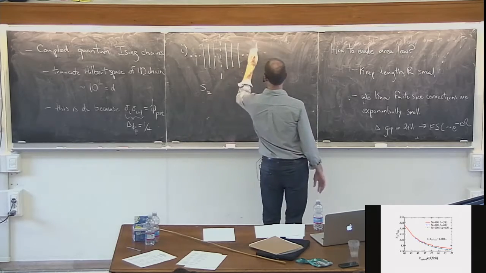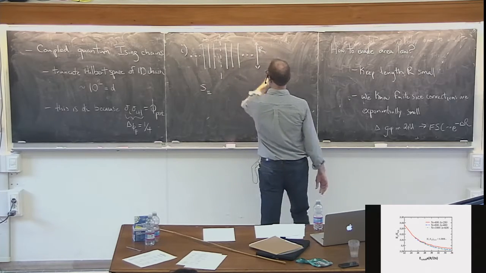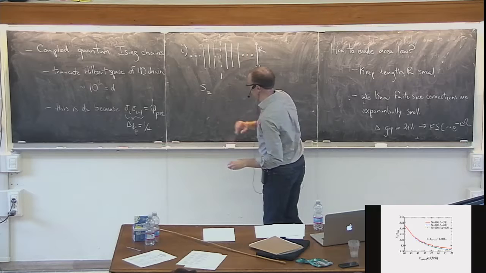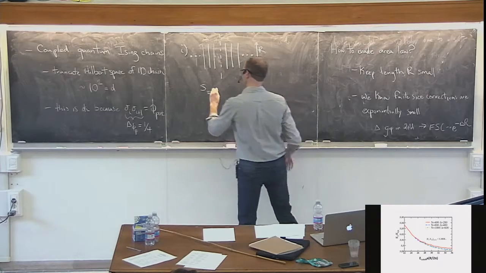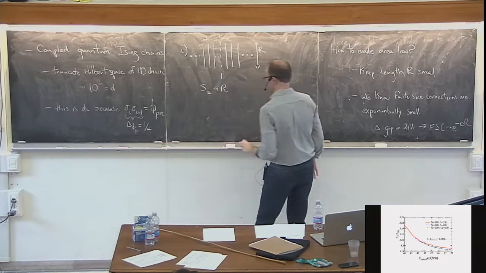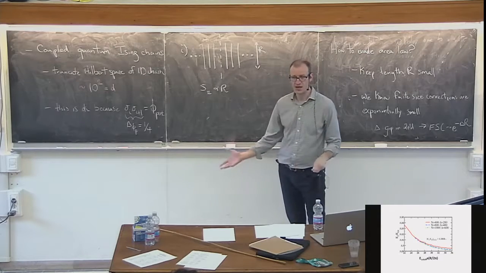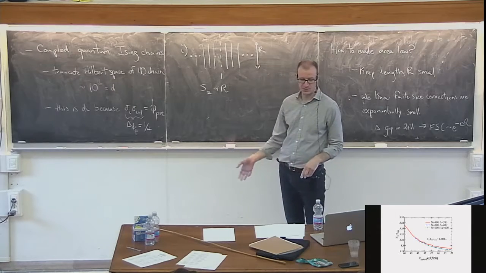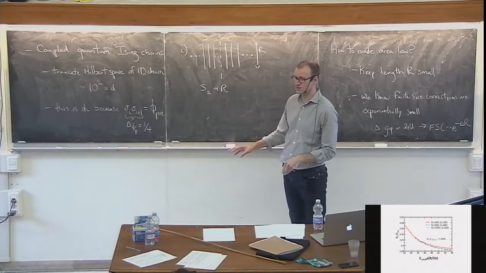If my chains are of length r, the entanglement entropy I compute should scale as r. It's a very elementary check, but it's something you should do to see if you're getting sensible results.